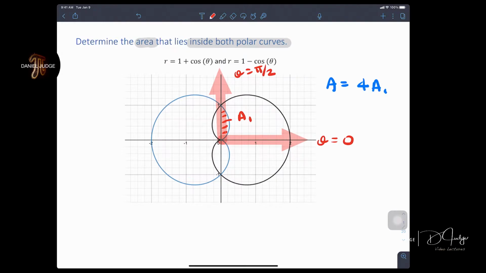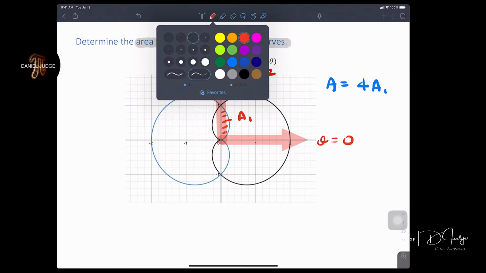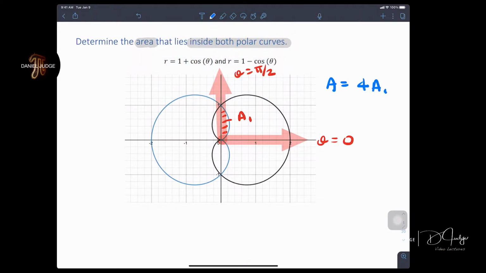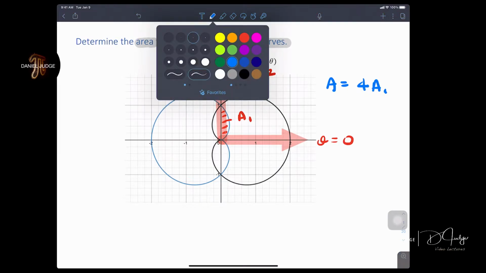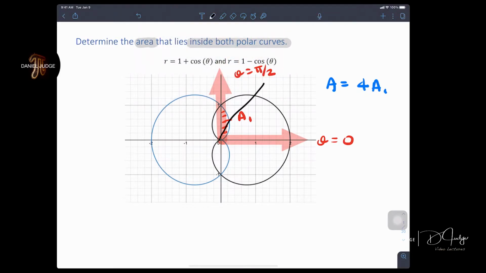So remember what we did here. We have to know now, if I draw another arrow, let's use this black here, for some theta, to find the area.